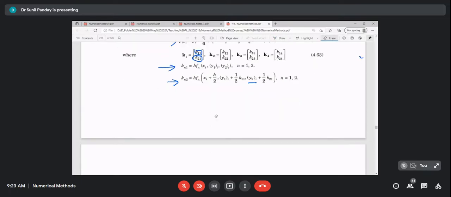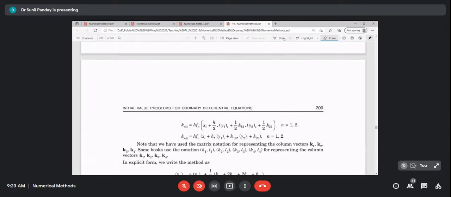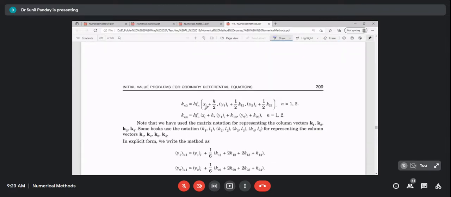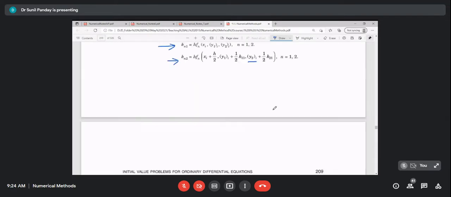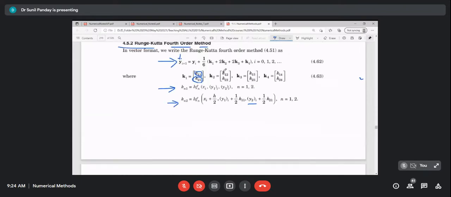Then in kn3, xi plus h by 2, y1 plus 1 by 2 k12, and y2 plus 1 by 2 k22, so these two values we are using.